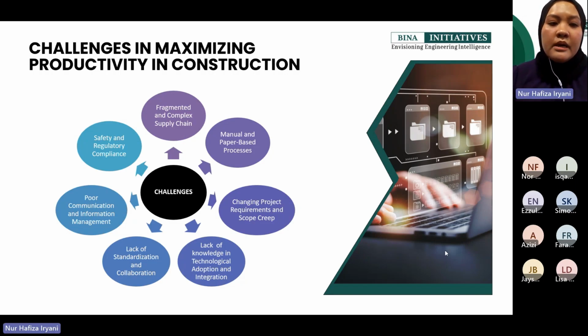Okay. So the last point is safety and regulatory compliance. As we know, construction sites are subject to strict regulations and compliance requirements.